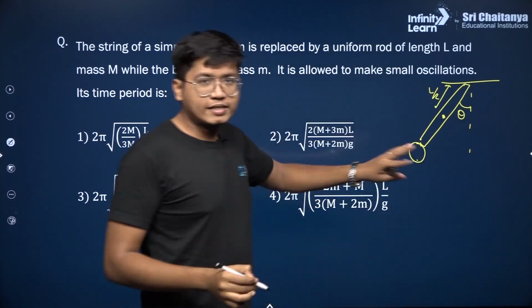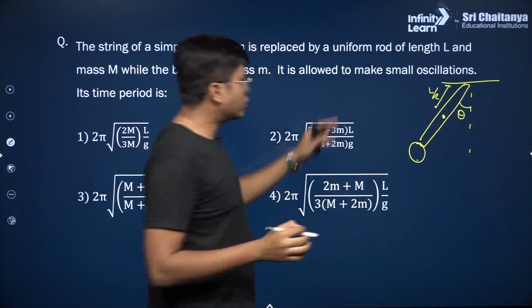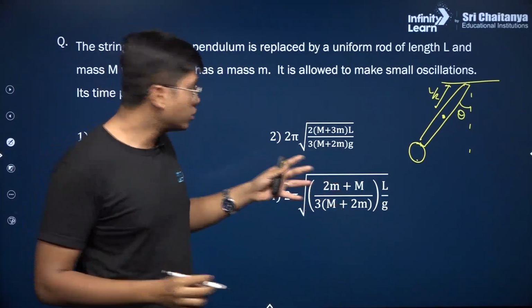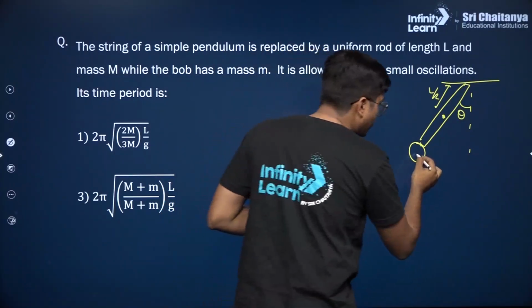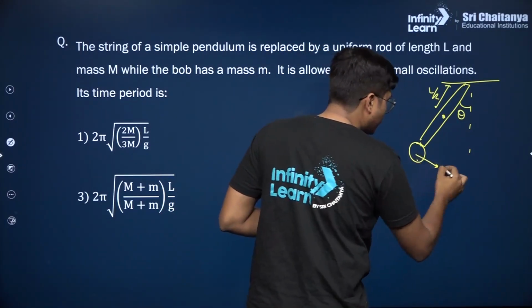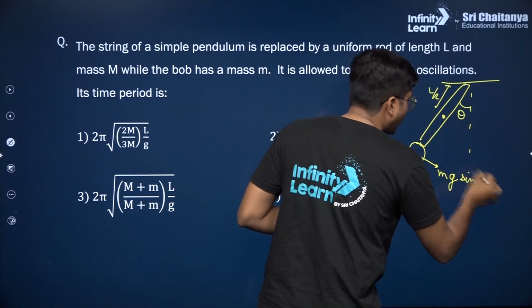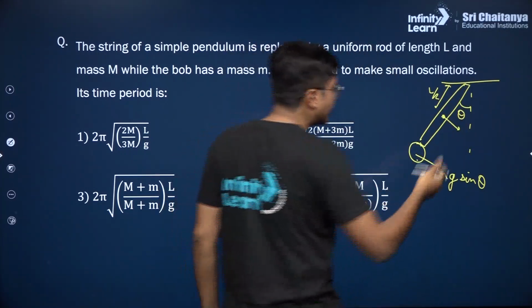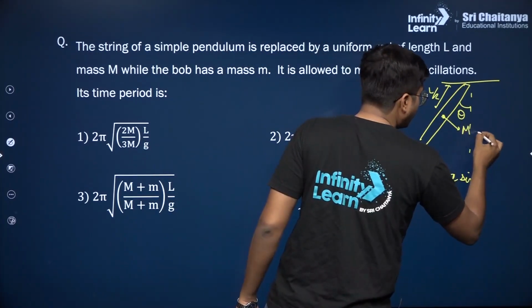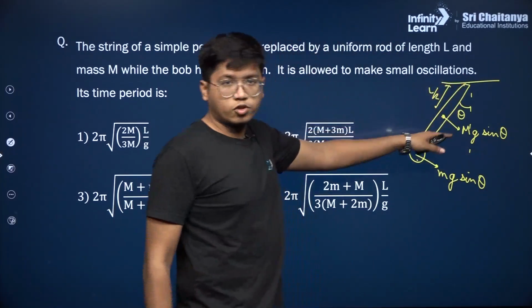When you are dealing with the restoring forces, the restoring force because of this m would be mg sine theta, and again you would have a restoring force because of this rod, given by capital Mg sine theta, where capital M is the mass of this rod.